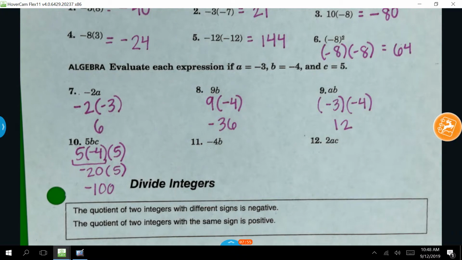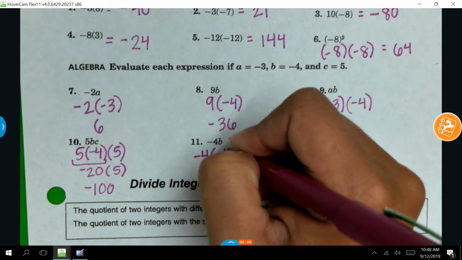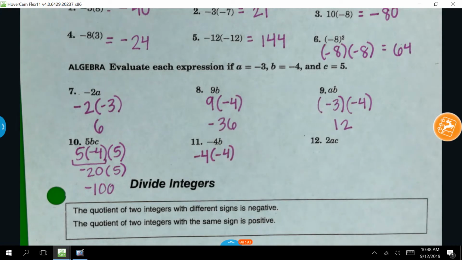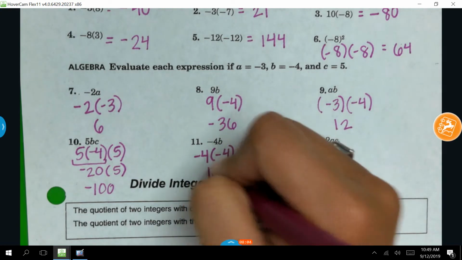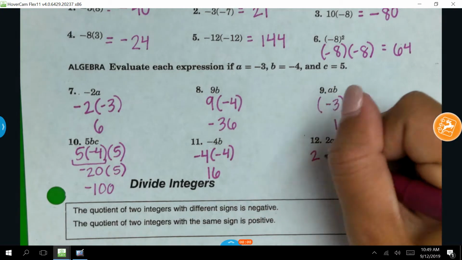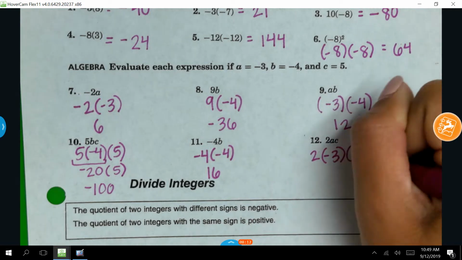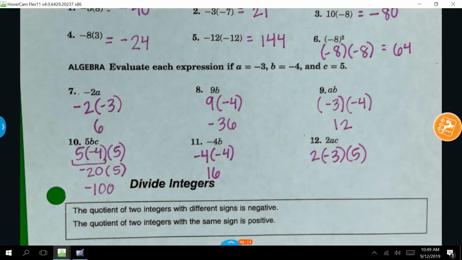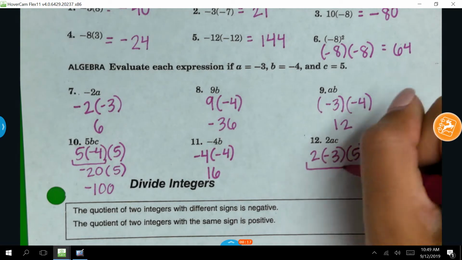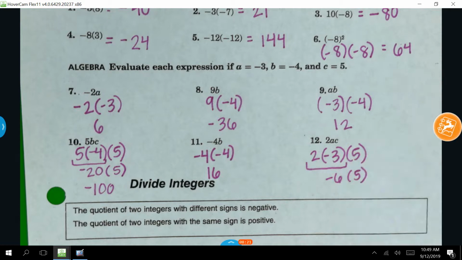All right, number 11, I've got -4 times -4. So what is that? +16. And last one, 2 times A times C. So 2 times -3 times 5. So what's 2 times -3? -6, and then multiply that by 5, and what do you get?